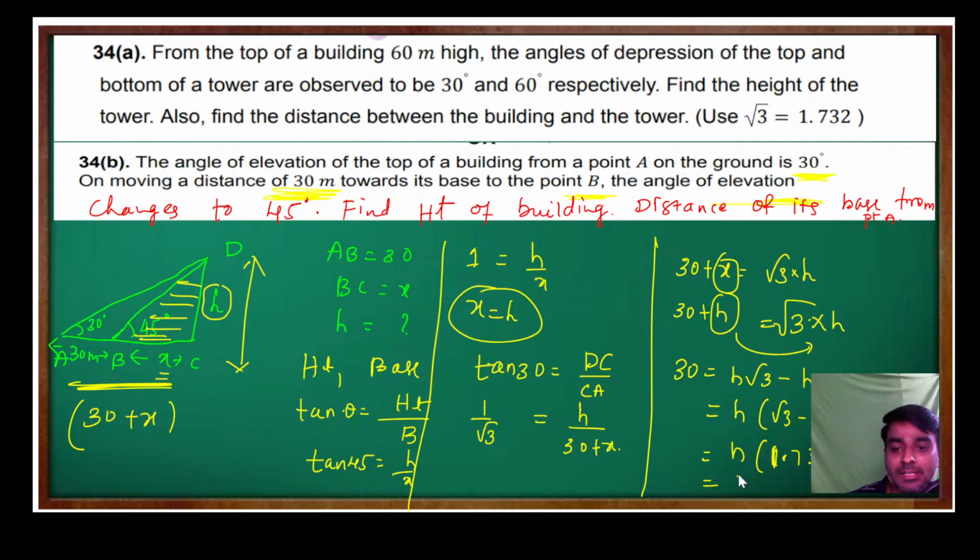H will be 0.732 and this side 30 you have. Just divide 30 by 0.732. That will give you the height of the tower. 40.98 you should get.